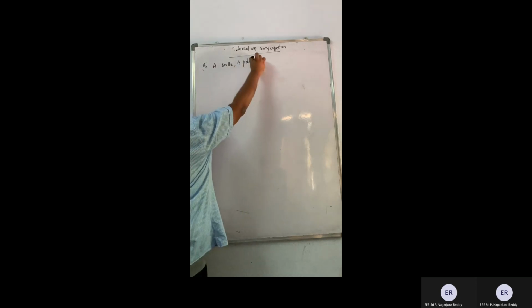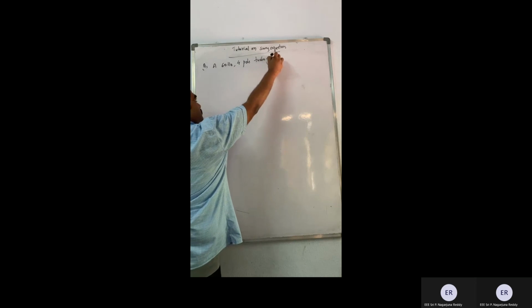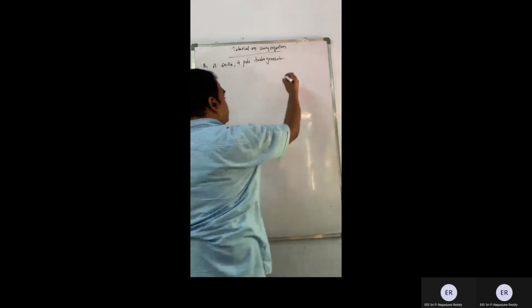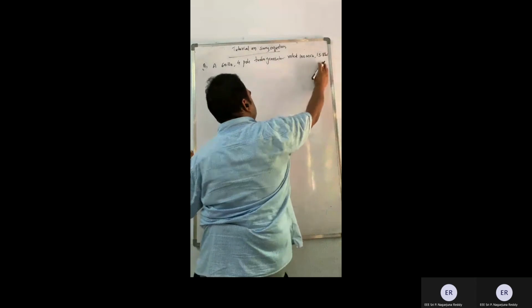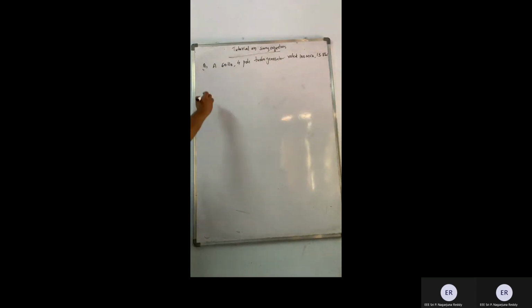A 60 hertz, 4-pole turbo generator, rated 100 MVA and 13.8 kV, has inertia constant H equal to 10 MJ by MVA.